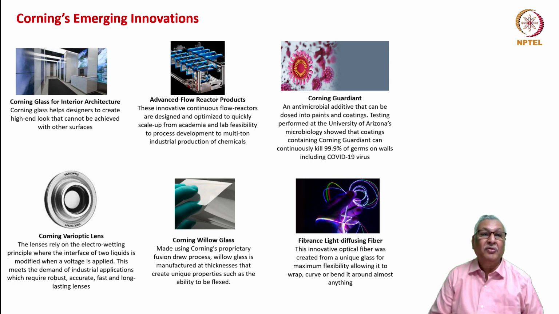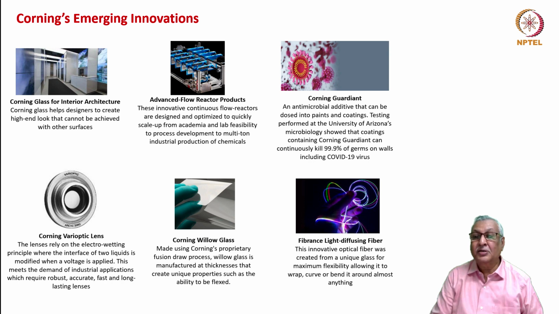Some of the innovations of Corning are well known, but the innovations that are going to come in future are exciting. Corning glass for interior architecture for the high-end look, which cannot be achieved with other surfaces. Advanced flow reactor products. These are designed to scale up and do process development for multi-ton industrial production of chemicals.